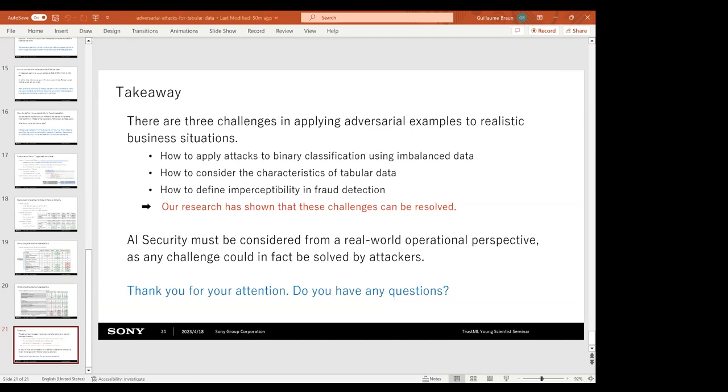Mm-hmm. Yes, because when I read the paper, the importance of features reminds me of the paper "Adversarial Examples Are Not Bugs, They Are Features", where they try to remove the most sensitive features. I think this attack is particularly interesting because you take feature importance directly into consideration in the attack.